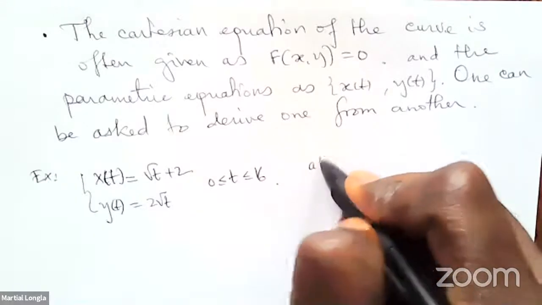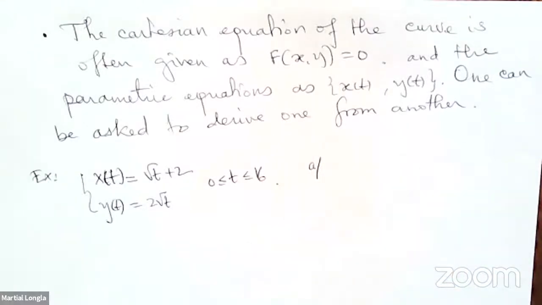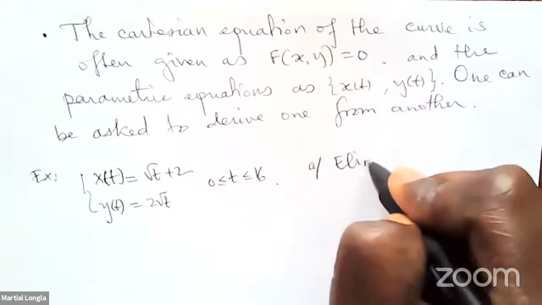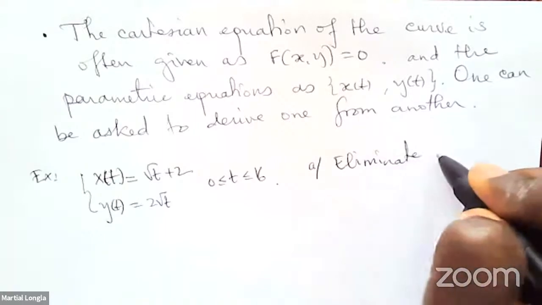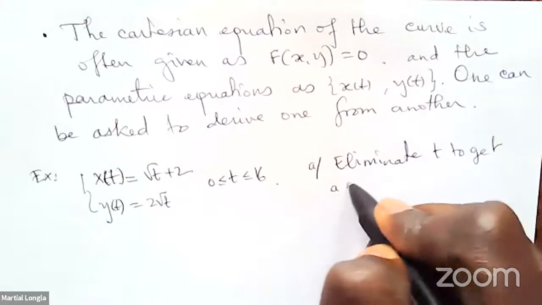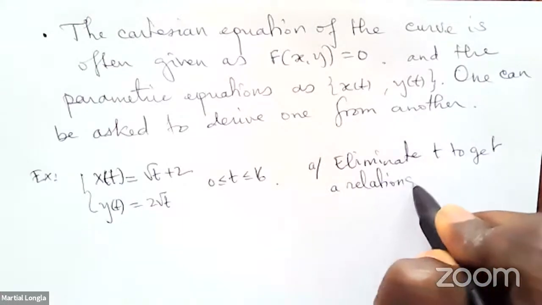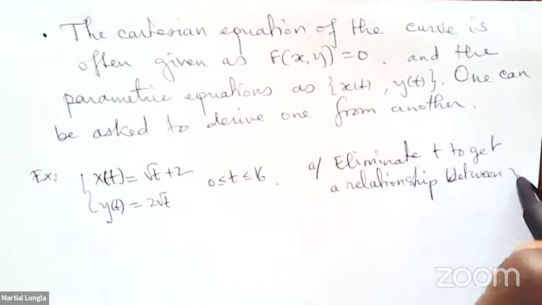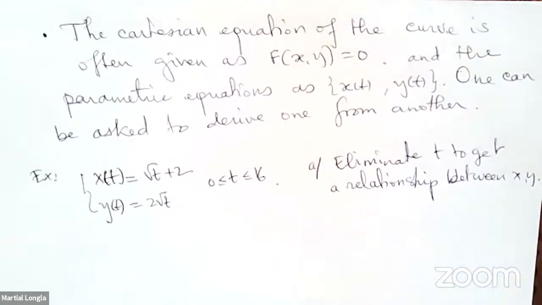And the question first is eliminate the parameter to obtain an equation in xy. So when the question is asked in this way, that means that they want you to give the Cartesian equation, because what is given is the parametric equations.